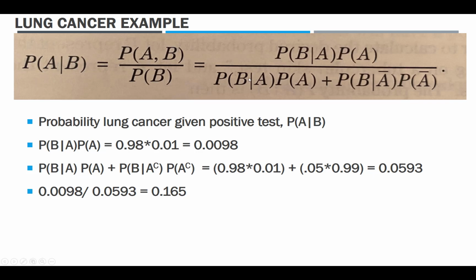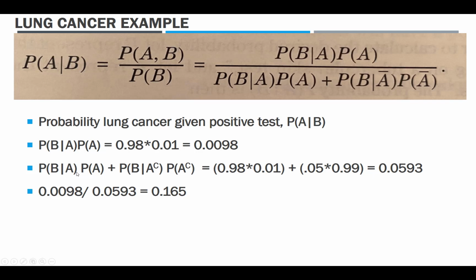And again, using Bayes formula, this is what it boils down to. So we already said that the probability of B given A is 0.98. And the probability of having lung cancer in the general population is 1%. So the numerator here is 0.0098.